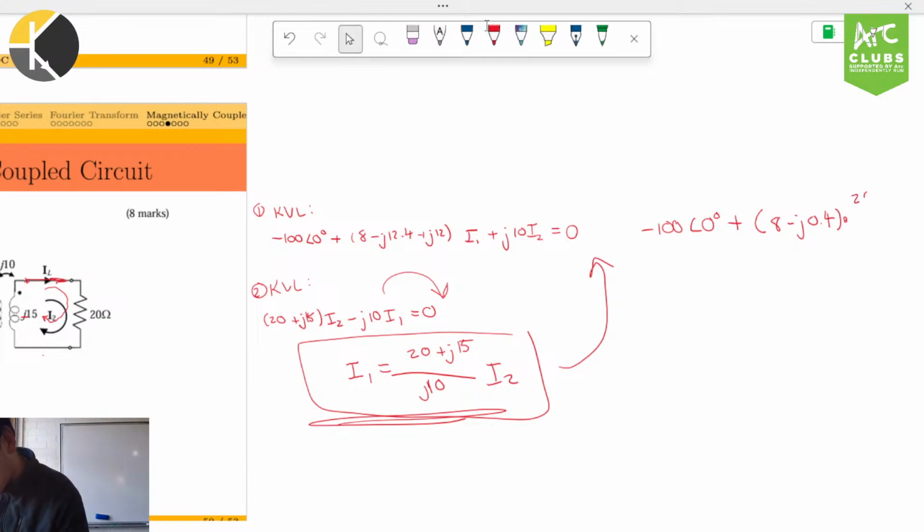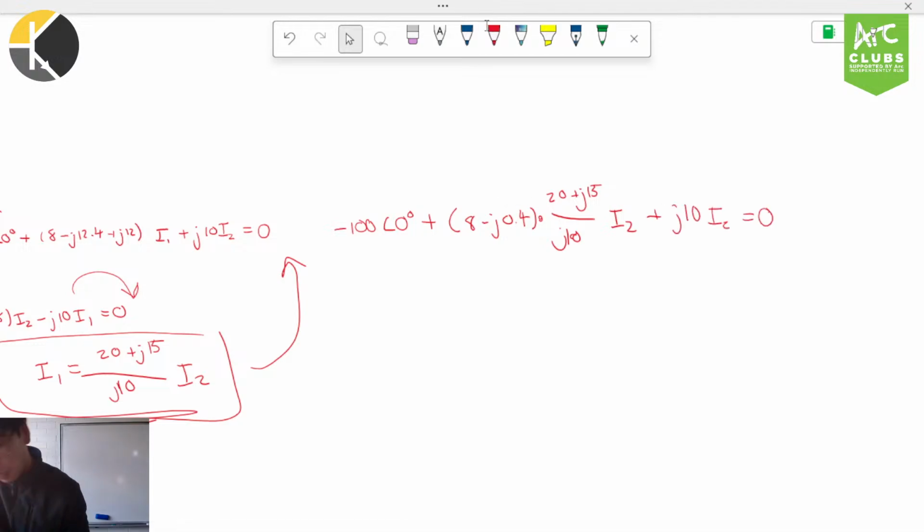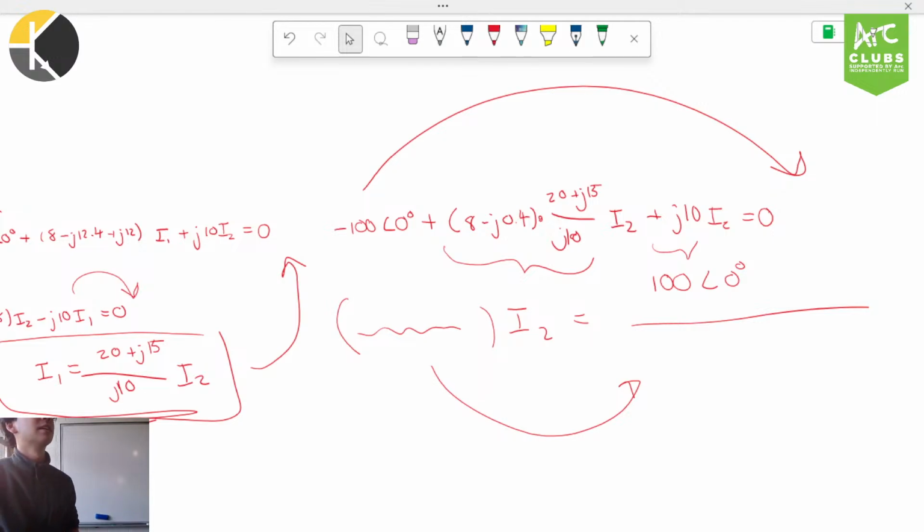That will give us 20 plus J15 on J10 multiplied by I2 plus J10 I2 equals 0. Then rearranging for I2, I'll bring this voltage source onto the other side, and then we'll just group each of these.